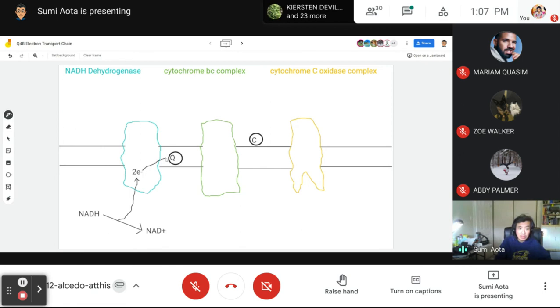They're going to pass on to here. Then from here, they're going to pass on to here. Okay, so we'll have two electrons here. They will then move from here to here. Then from here, they're going to move on to here.